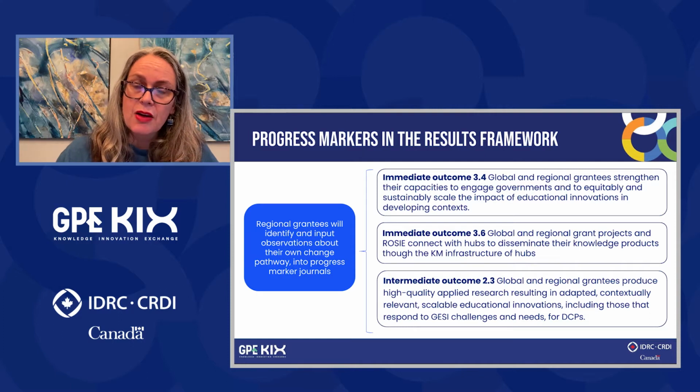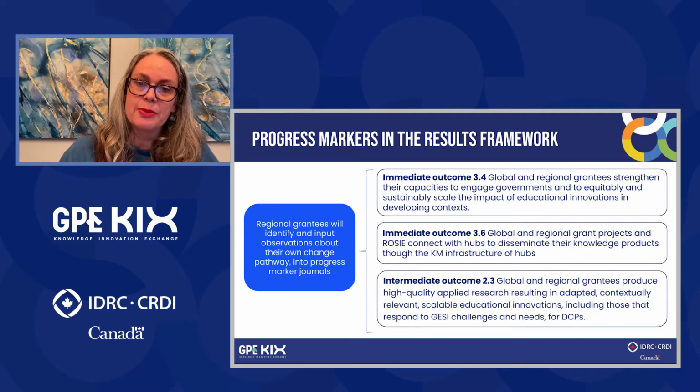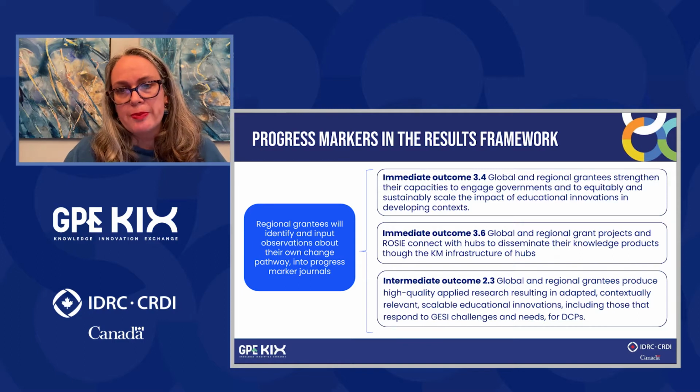And you'll see that all of these outcomes, again, are about yourselves and your own change pathways, and how you as research teams better implement and support that policy influence that overall KIX is looking for. What are some of the changes that you're doing as a team to get better at that connection and trust building and relationship building and the sharing of your research? Next slide, please, Simon.